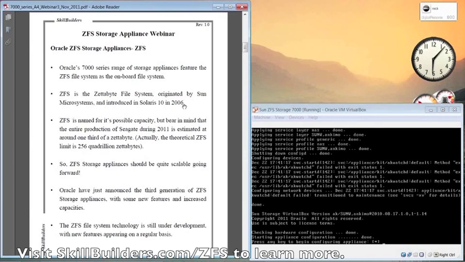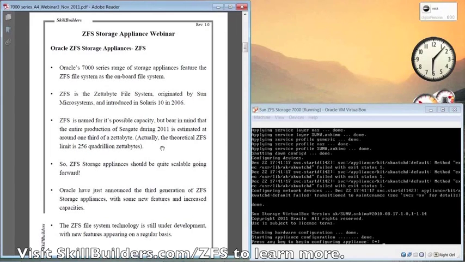In fact, it started life 10 years ago in terms of the development that's taken place. And it's named Zettabyte because of its capacity, which is pretty well unlimited.